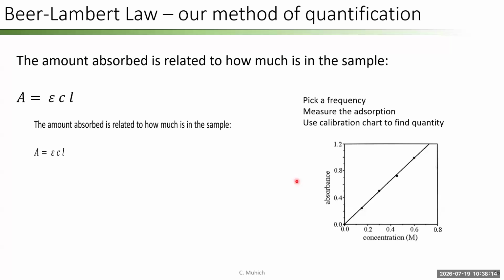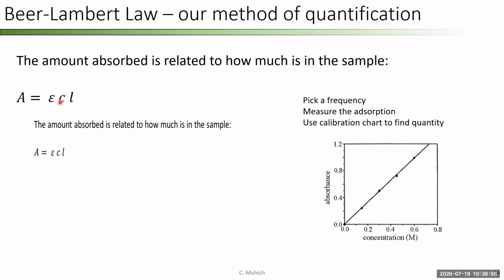And we can do this using the Beer-Lambert law, or Beer's law, as it's generally shortened to. Beer's law says that the absorption is equal to the absorption constant times our concentration times the length. And really, what this means, don't worry about this, is that this is a number set for a specific molecule. Our cuvettes are always going to be a single size, so the absorption is directly proportional to the concentration of molecules.